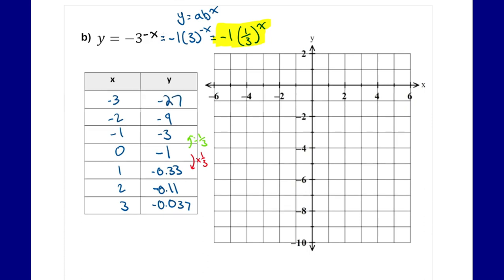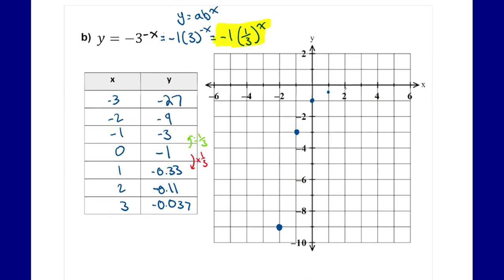Now that I have my table, I can go through and plot my points. Can't really do the negative 3, it goes off our scale, so that's okay. Negative 2 and negative 9 I can plot. There. Negative 1 and negative 3. 0 and negative 1. 1 and negative 1/3.